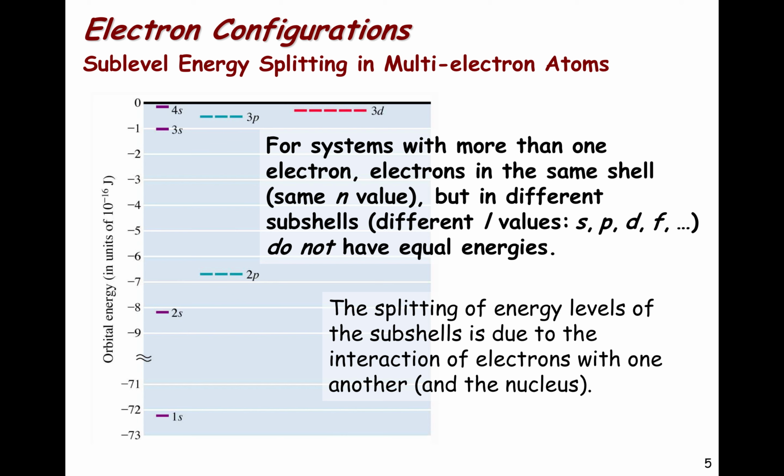The relative ordering of the subshells meant that always the S for a particular shell was lower in energy than the P, which would be lower in energy than the D, and so on and so forth. This is represented in the energy diagram that you see here, and from this we can then start to come up with our shorthand ways of representing the electron configurations and the orbital diagrams.